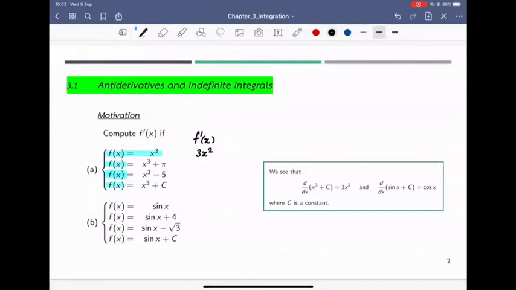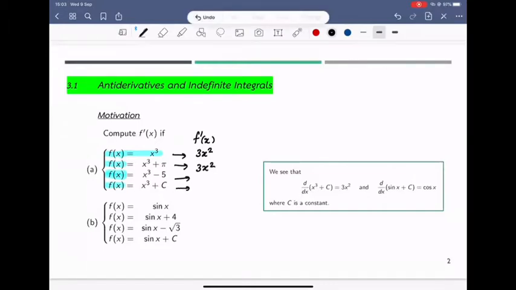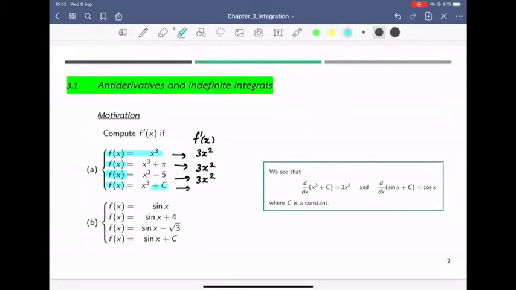Because I just differentiate one time. If I differentiate x cubed plus pi, I am going to get 3x squared as well. And also x cubed minus 5, if I take the derivative, I am going to get 3x squared as well.